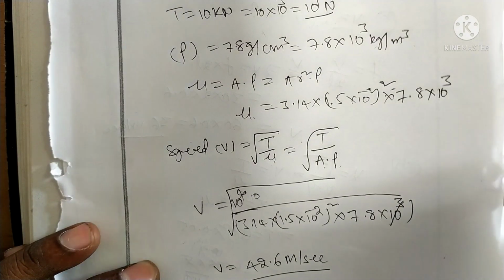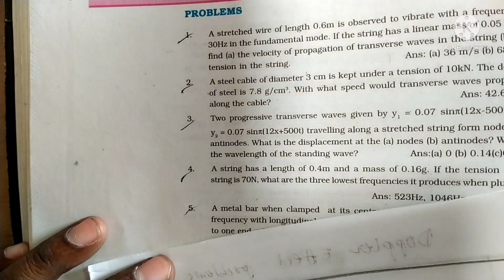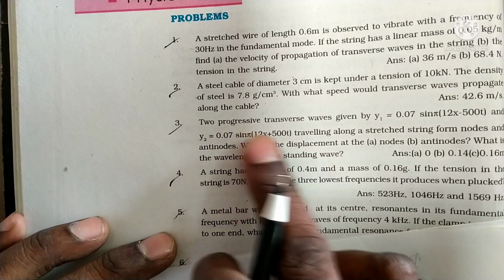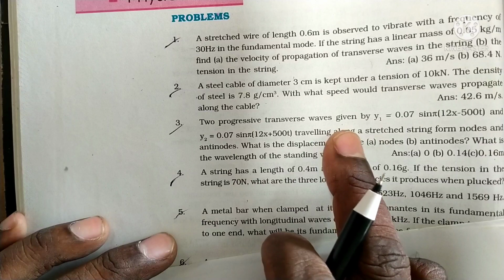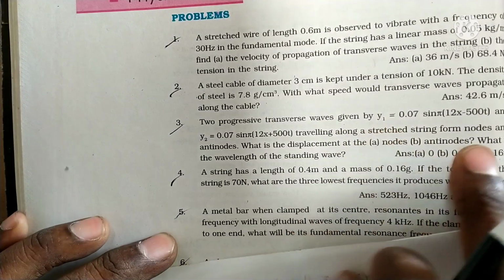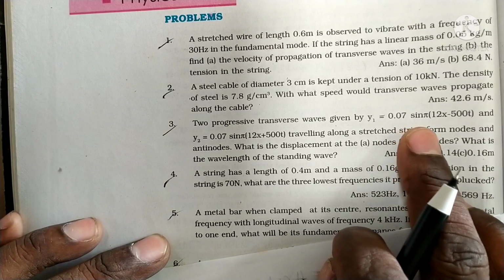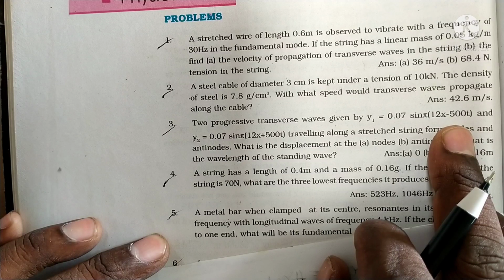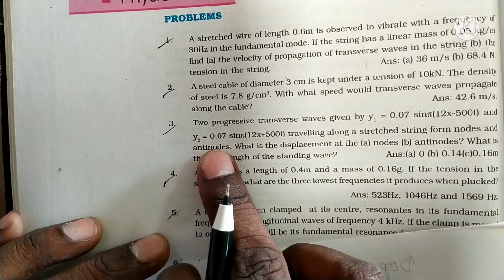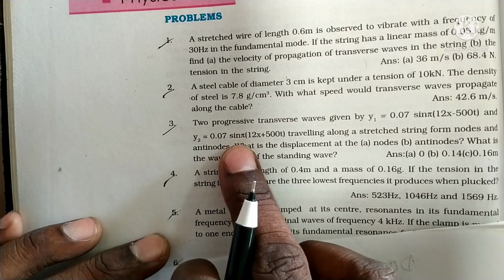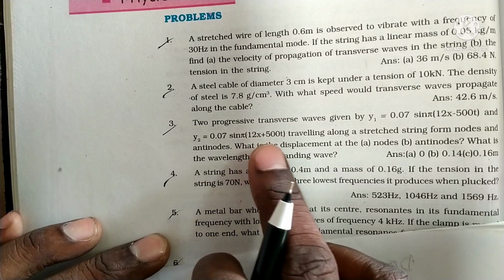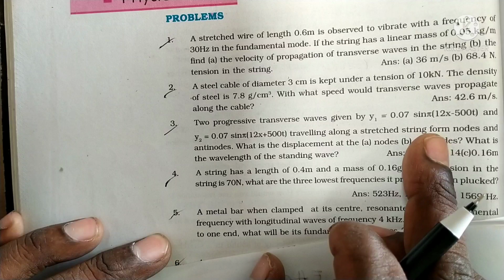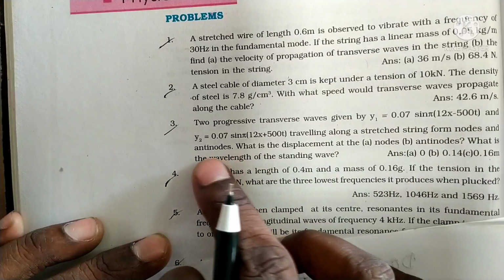That is the second one. The next, third problem is: two progressive transverse waves are given by y1 is equal to 0.07 sin pi into (12x minus 500 t), and y2 is equal to 0.07 sin pi into (12x plus 500 t), traveling along a stretched string, forming nodes and antinodes.